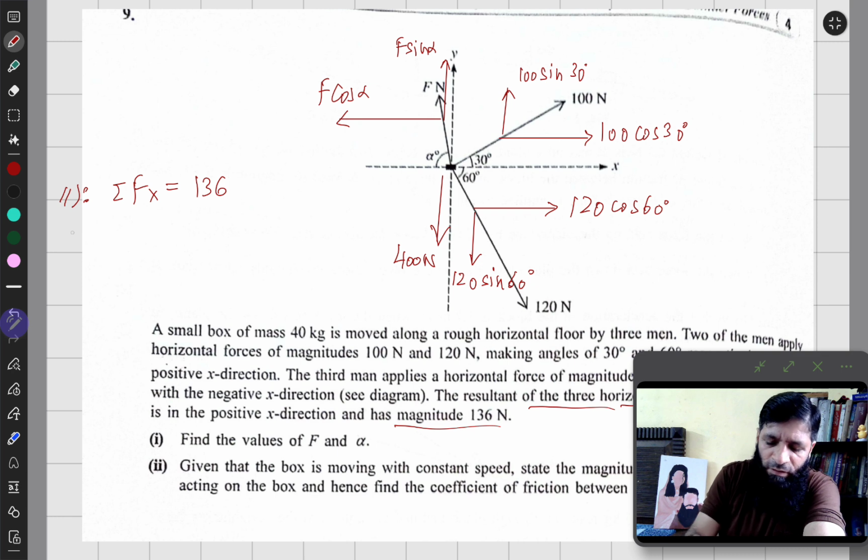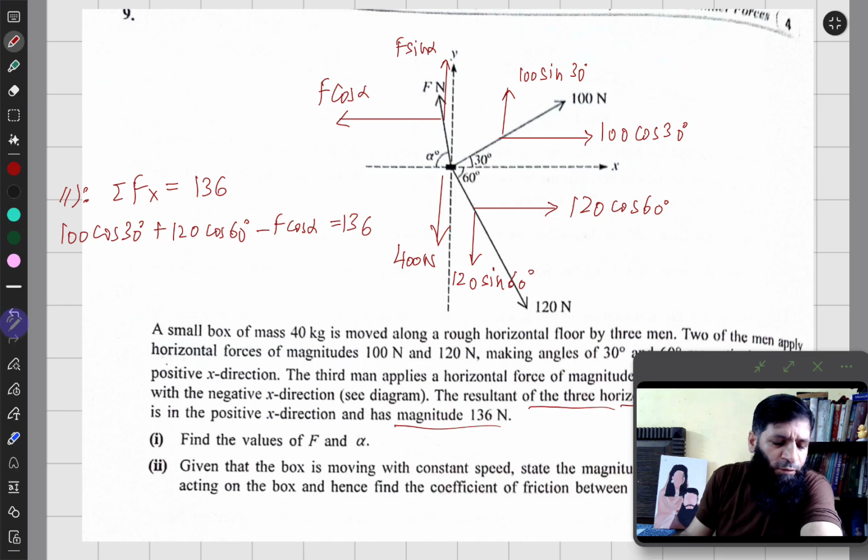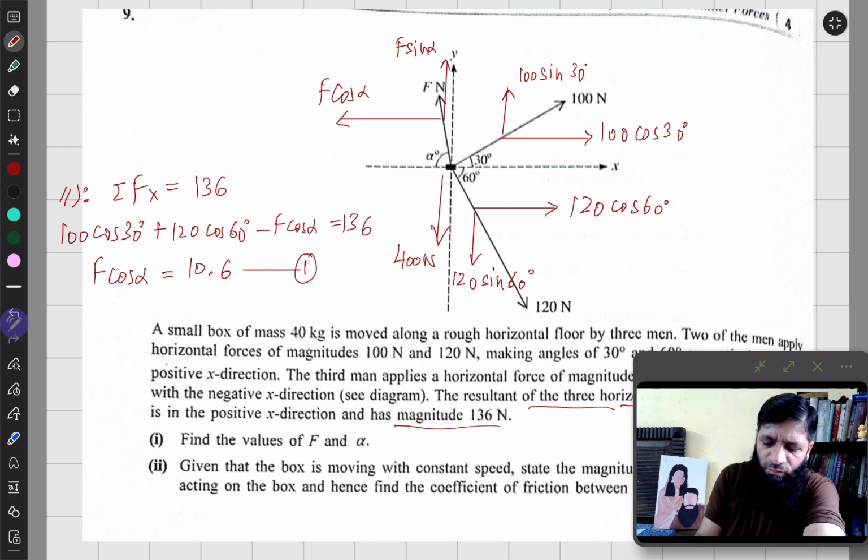You will have the equation 100 cos 30 plus 120 cos 60 minus F cos alpha is equal to 136. And if you simplify this, you will get F cos alpha is equal to 10.6. Mark this equation 1.